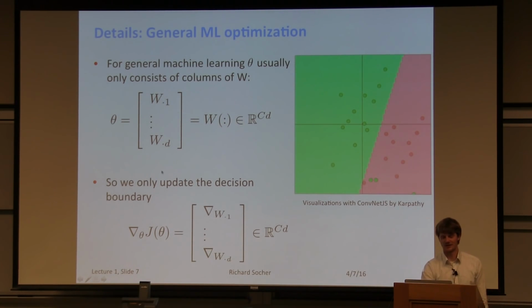So here, just to get one long column vector, we take all the columns of W and we define this W as basically our entire theta. That's the standard for machine learning, where we used to always have specific hand-designed features, and we just want to weight those features to make a final prediction of a class. So in this case, we would have C, the number of classes, times D, the input dimensionality, many parameters in the model.